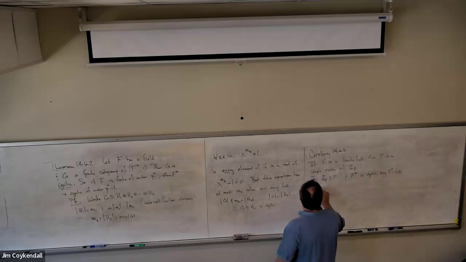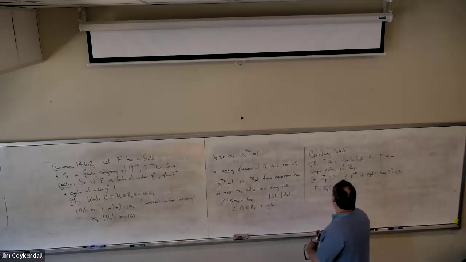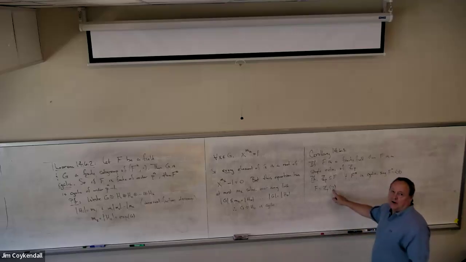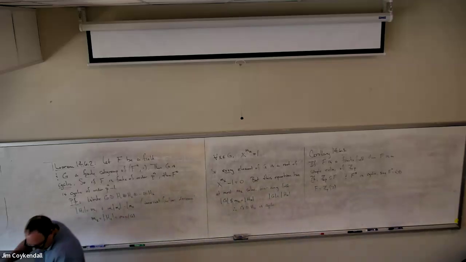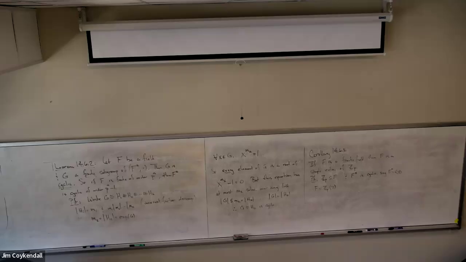Then F is equal to Z_p adjoined z. Because just by itself, multiplicatively, this will generate everything in F except for 0, including all the elements of Z_p except for 0. Okay.